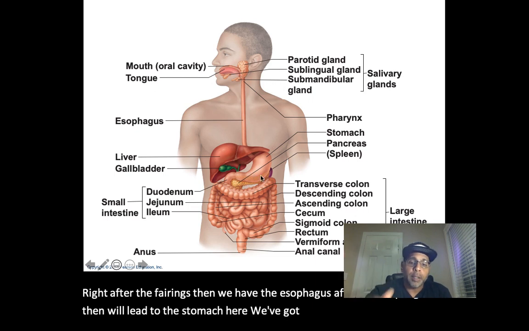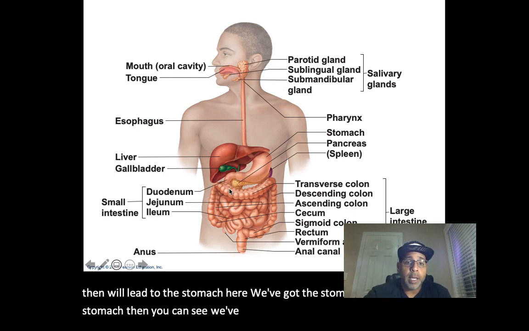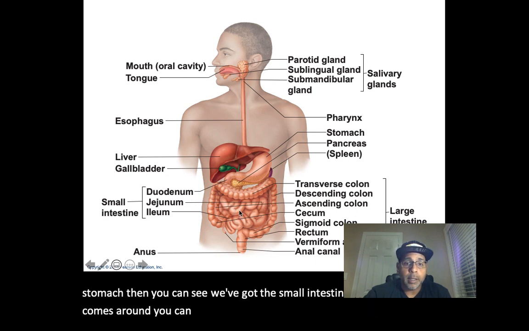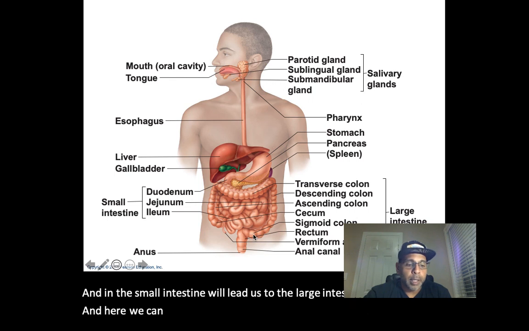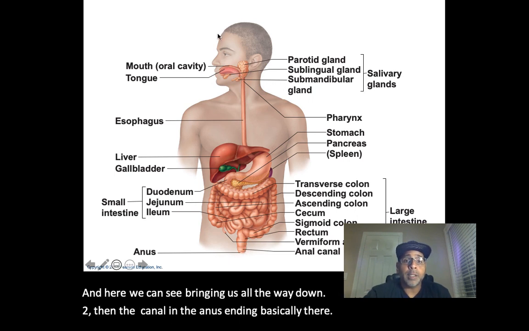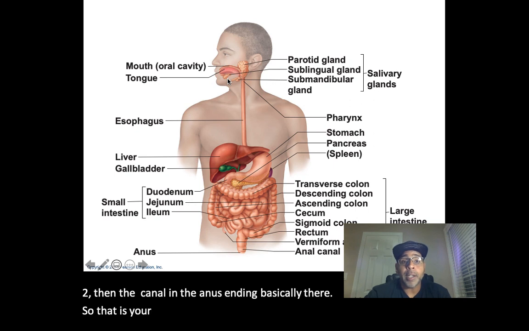After the stomach, we've got the small intestine. The small intestine comes around, you can see it here very nicely, and then it leads us to the large intestine. That brings us all the way down to the anal canal and the anus, ending basically there. So that is your alimentary canal, your GI tract.